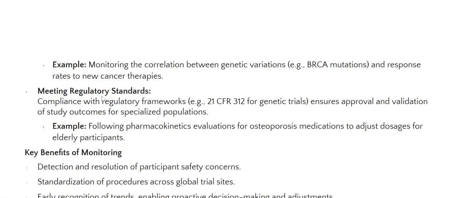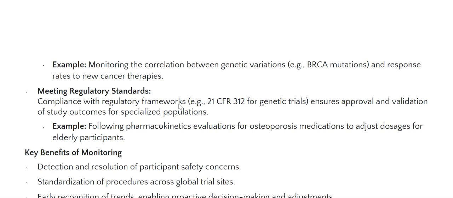first we have an example about data integrity: monitoring the correlation between genetic variations, for example BRCA mutations, and response rates to new cancer therapies. Continuing with the critical objectives, we have meeting regulatory standards.